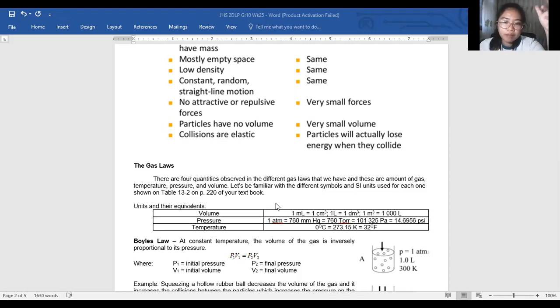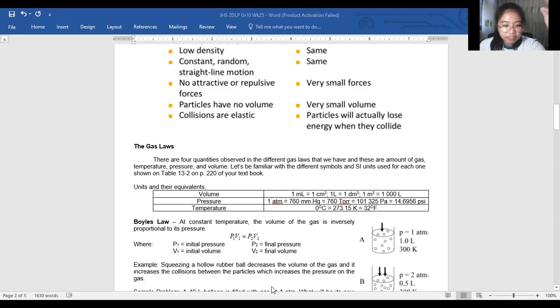So, sinasabi natin na kapag tumaas yung pressure, liliit naman yung volume. Okay, so an example for that one is squeezing a hollow rubber ball. It decreases the volume of the gas. And kumbaga, pag mas lumiit yung volume, mas mag-i-increase yung collision.